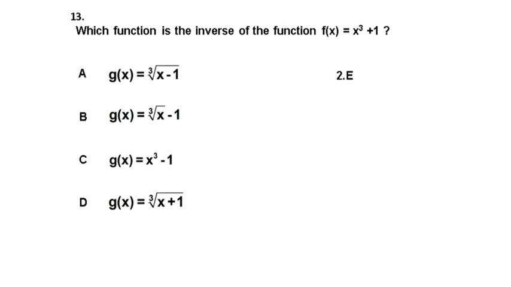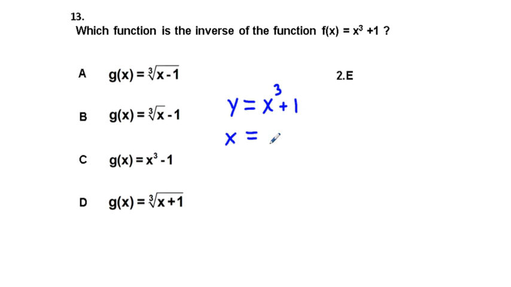Next, 13. Which function is the inverse of the function f of x equals x cubed plus 1? We have the step process. We've demonstrated a lot here lately. So we change that f of x to y, so we have y equals x cubed plus 1. Next, we're going to switch the x and the y.